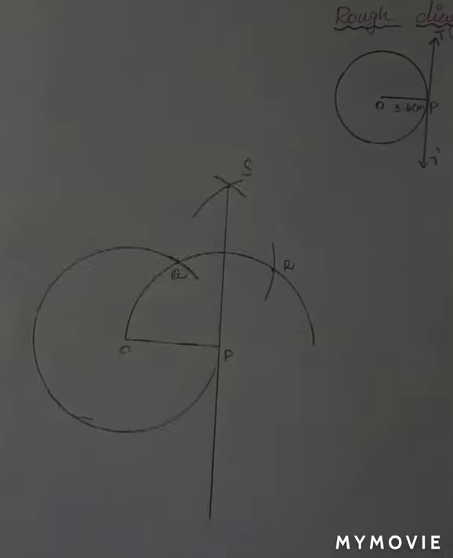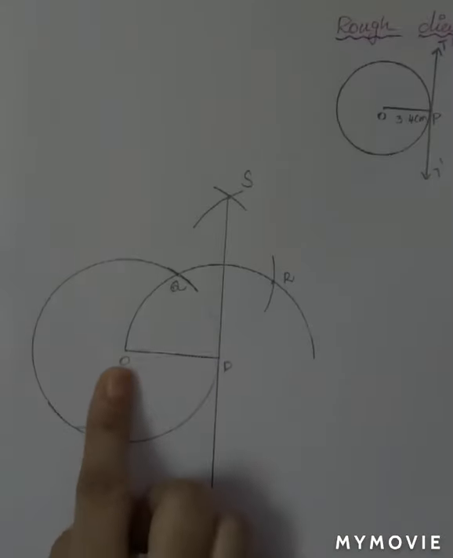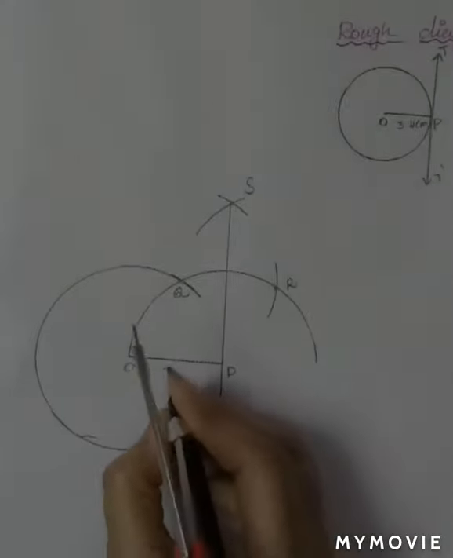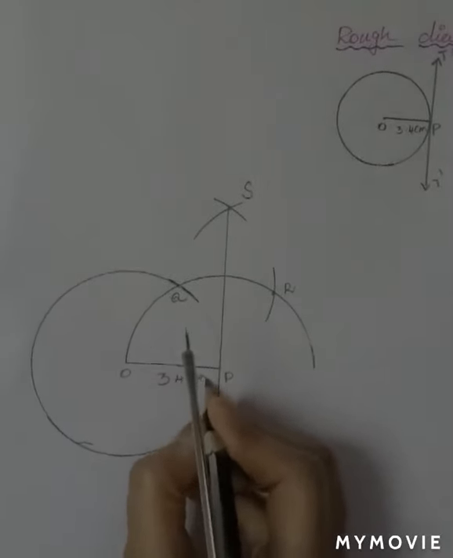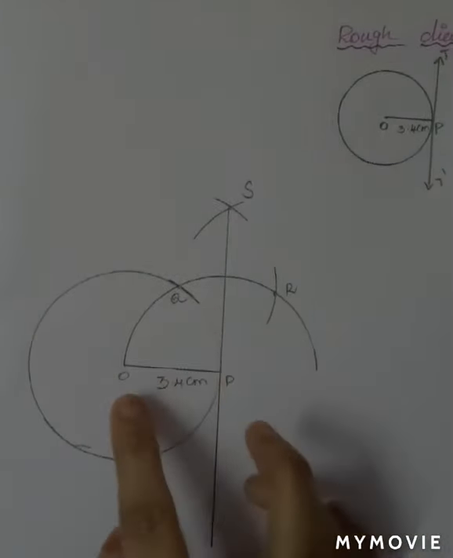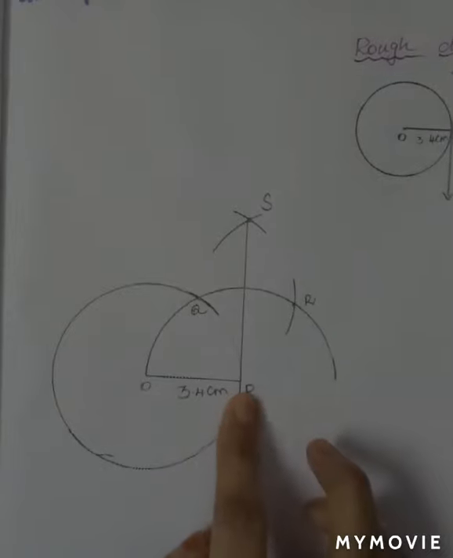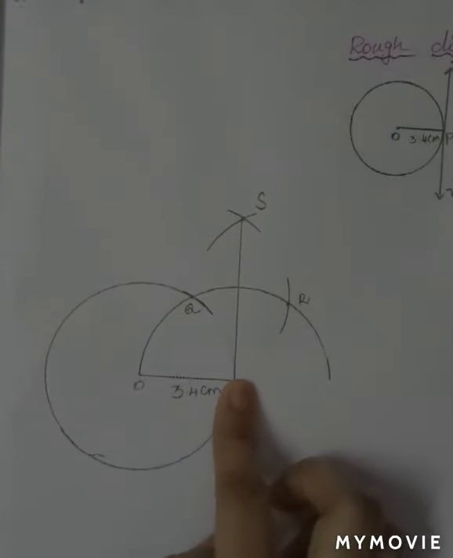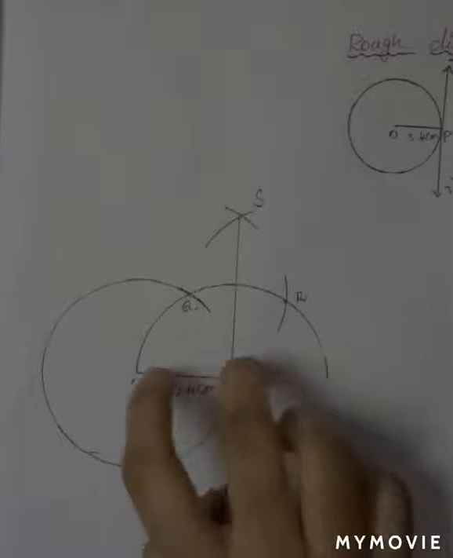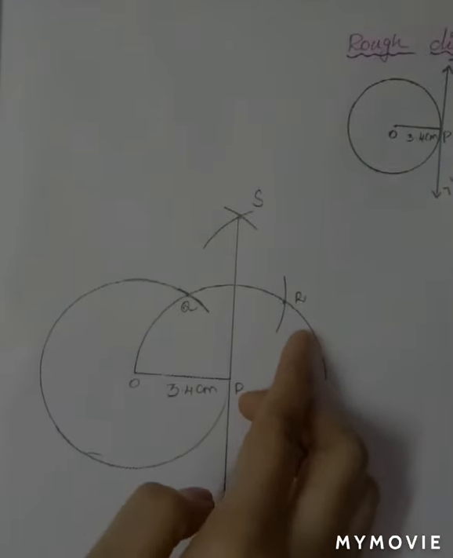I repeat again. With O as center, draw a circle of radius 3.4 cm. Draw the radius OP. With P as center, draw a big arc like a semicircle.